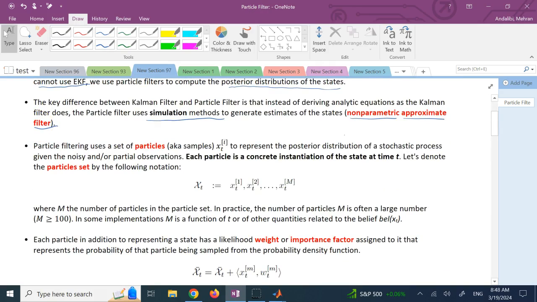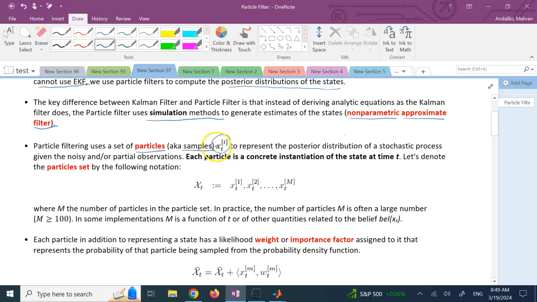They still have prediction and update stages, and their overall behavior is to use the knowledge in the prediction step and to use the measurement in the update step, but based on some simulations. The method uses a bunch of samples, which we also call particles, and you might show them by x sub t at i.